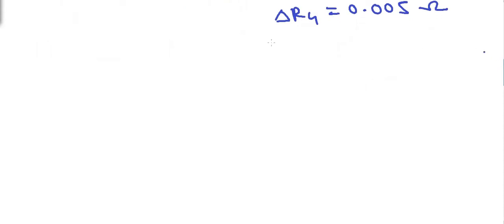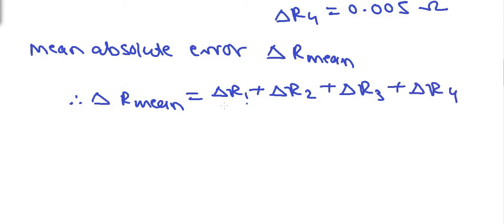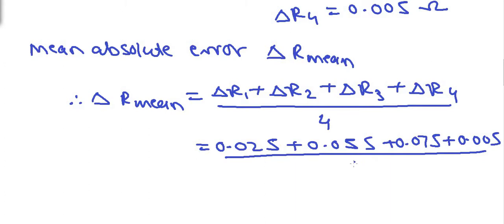Now let us find out the mean absolute error in the measurement of resistance. So delta R mean is equal to delta R1 plus delta R2 plus delta R3 plus delta R4 divided by 4, that is equal to 0.025 plus 0.055 plus 0.075 plus 0.005 divided by 4.